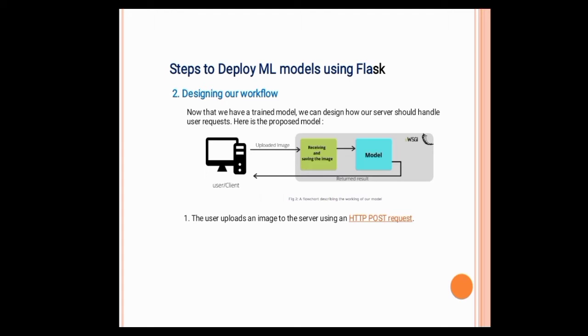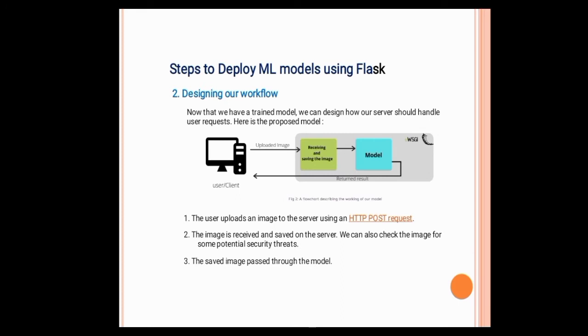Upon getting the request, the server sends us back the right content we requested from it. The image is received and saved on the server. We can also check the image for some potential security threats, and the saved image is passed through the model, and the result of the model is returned to the user in the form of text.